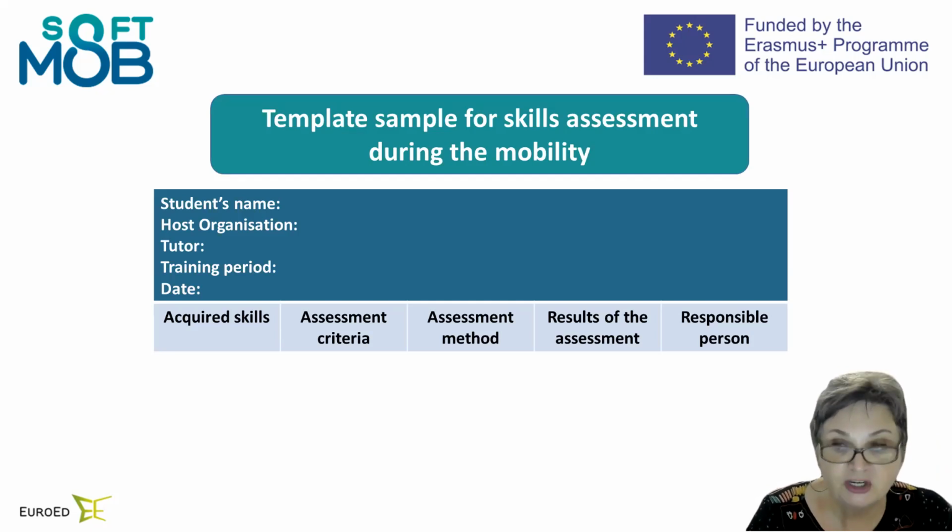So besides the personal information of the student, student's name, host organization, tutor, training period, and date, we also have to mention the acquired skills, either transversal or technical, the assessment criteria according to which we made the assessment, and the assessment criteria had to be specified at the beginning of the mobility, or even when we write the application, the assessment method used, the results of the assessment, and also the person who was responsible for collecting all the evidence and also for assessing the skills that were acquired by the students.